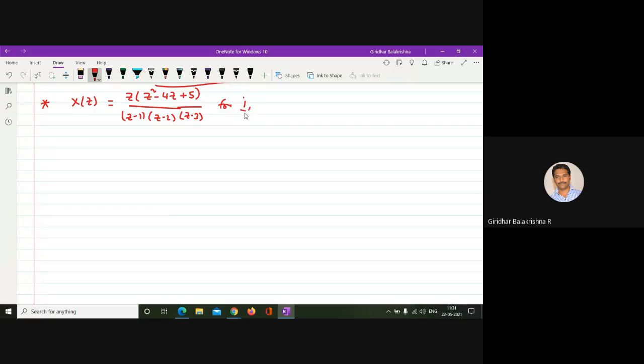For the first case, mod z greater than 3. Second case, mod z less than 1.